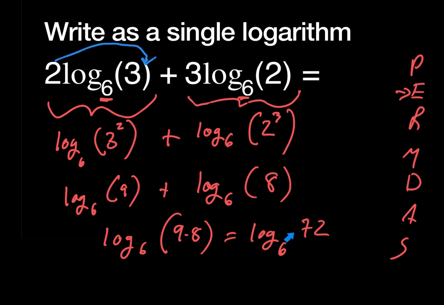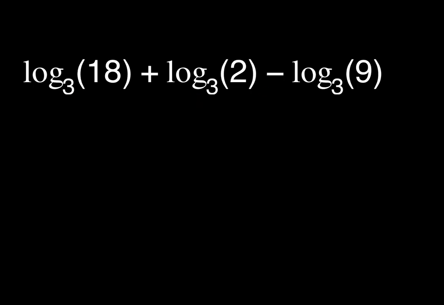There's my single logarithm. Every once in a while, we'll have problems where we'll do all this, and we'll be like, oh, log base 2 of 8. And we go, oh, well, log base 2 of 8 is 3 because 2 to the third power is 8. But in this case, we cannot do that. We would be done at this point when we wrote that as a single logarithm.